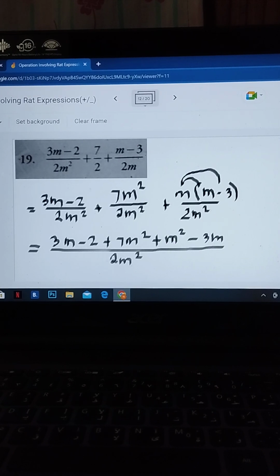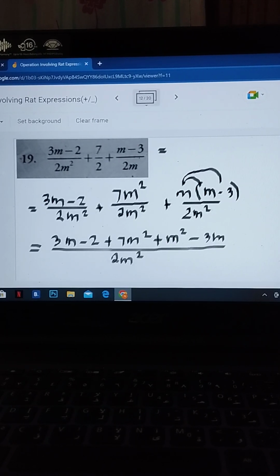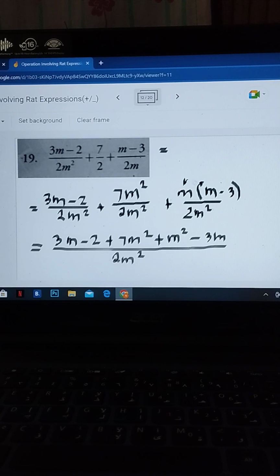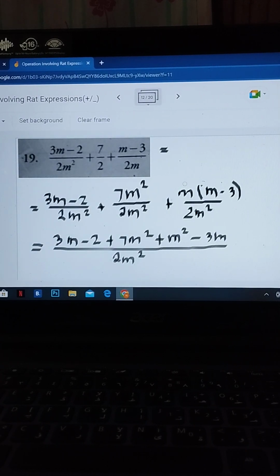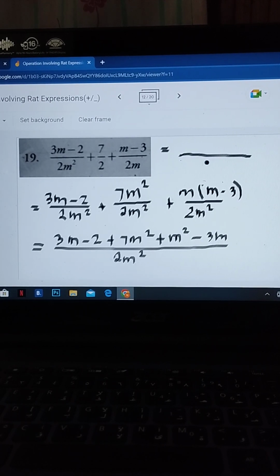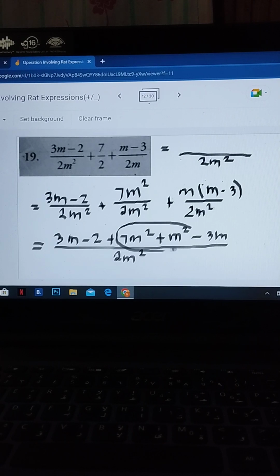Okay, so what will be our final answer? So our final answer now is, copy the same denominator, 2m squared. So you write first the degree 2.